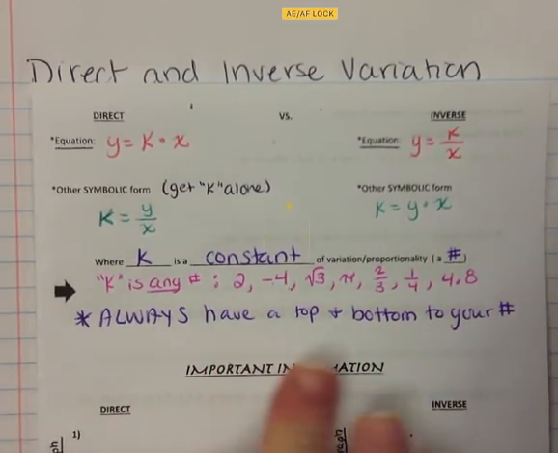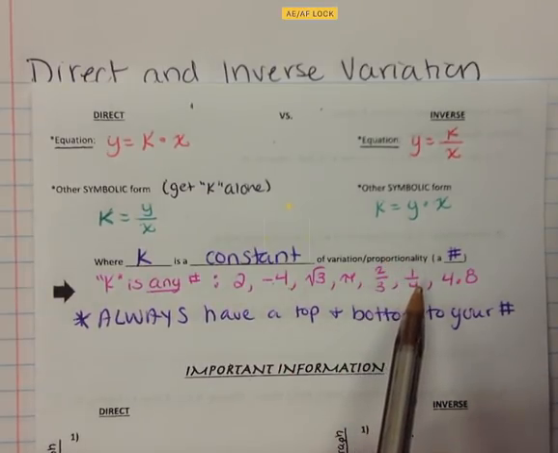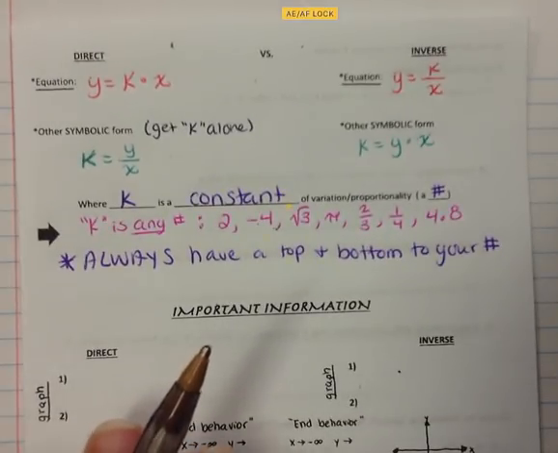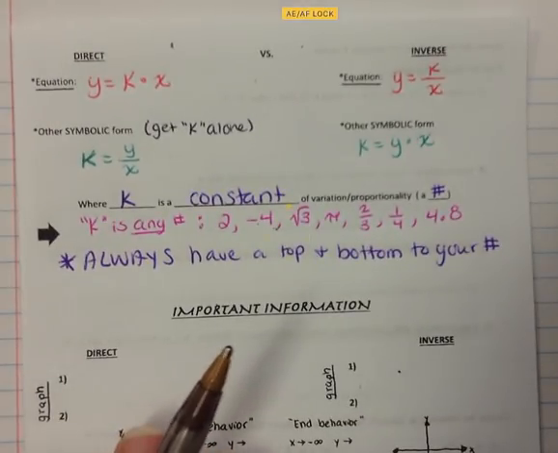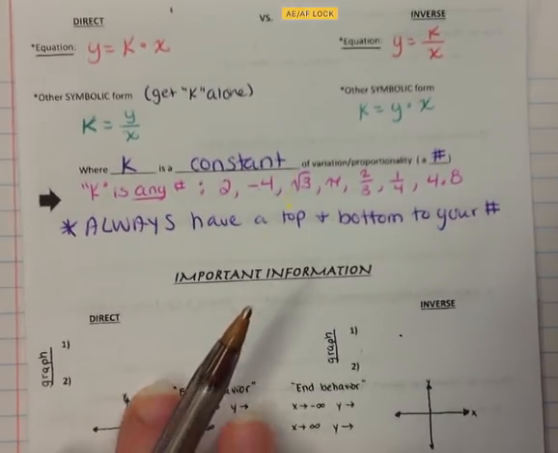Because if you don't, then you might say the k is supposed to be 1/4, you might just say that k is 4. K has to be the top and the bottom number. So if all you have is a top number, that's fine. But if all you have is a bottom number, that's not good, because you have to have a numerator every time.